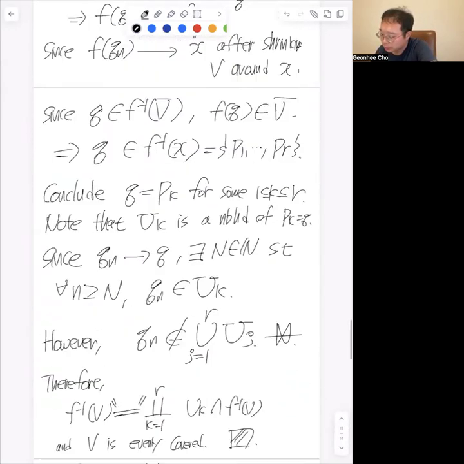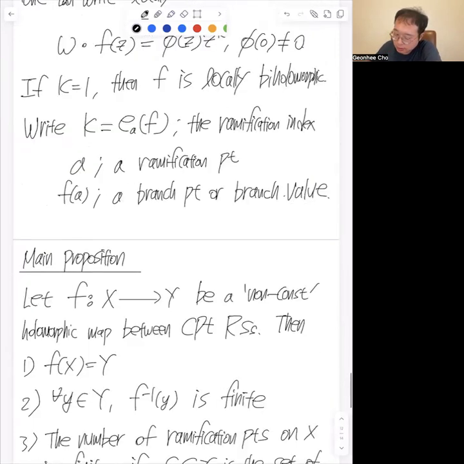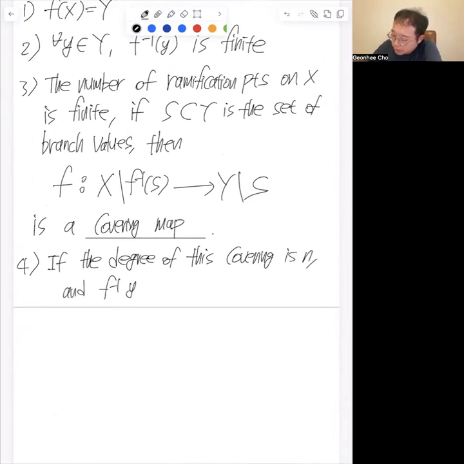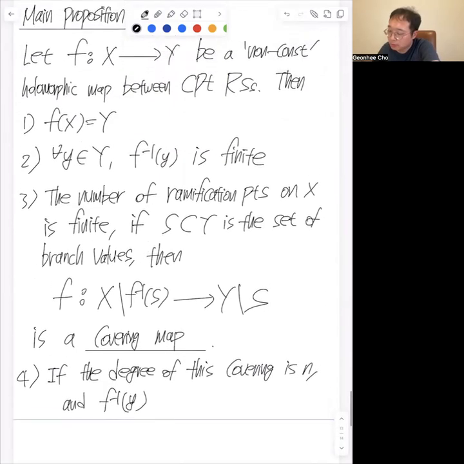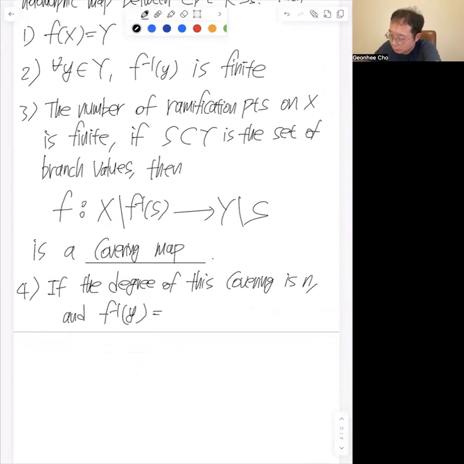We can talk about the degree because this is a covering map, the degree of f. So if the degree of this covering is, say, n, and you take the inverse image of an arbitrary point, by the second implication we know there are only finitely many points.